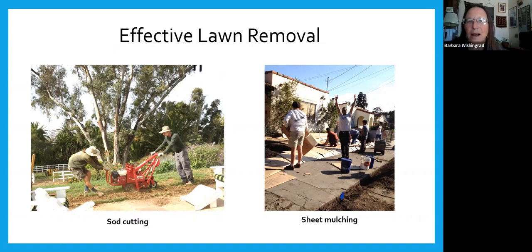You might want to trench out all along the edge, and then tuck the cardboard in, and then you put 4 to 6 inches of mulch on top of that. And there is a handout that the city has about sheet mulching. There's also information about sheet mulching on the Sweetwater website.